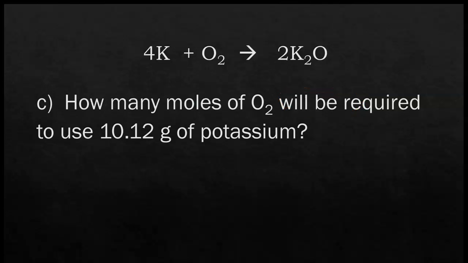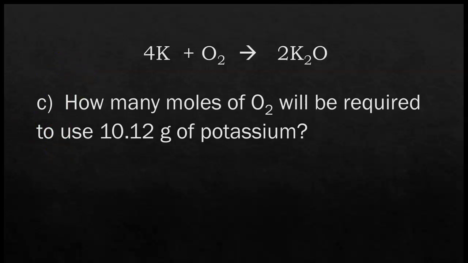Question C asks how many moles of O2 would be required to use up those 10.12 grams of potassium. Now, once again here, I'm looking at what's given. I know I've got those same 10.12 grams of potassium that I had for letter B. So I could start there, or I could simply take my answer for letter B, and that was what I did.